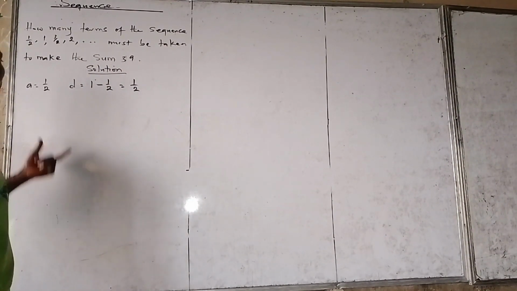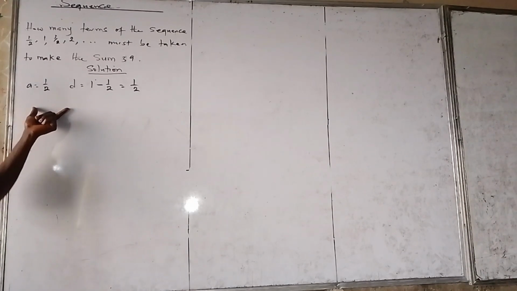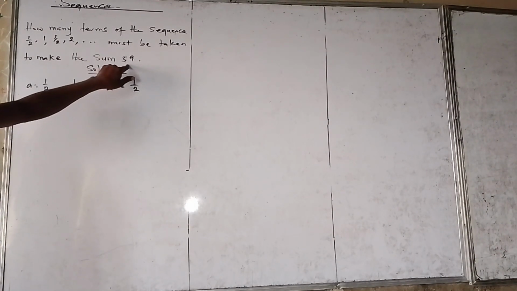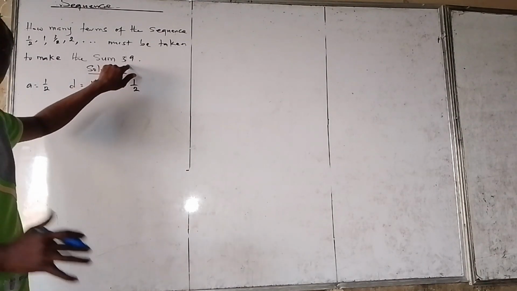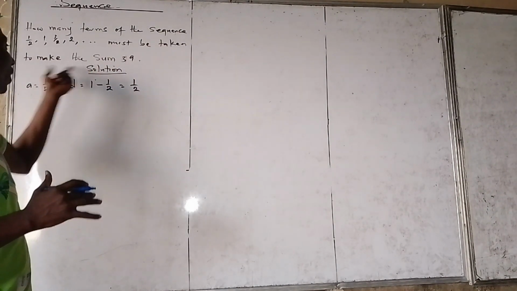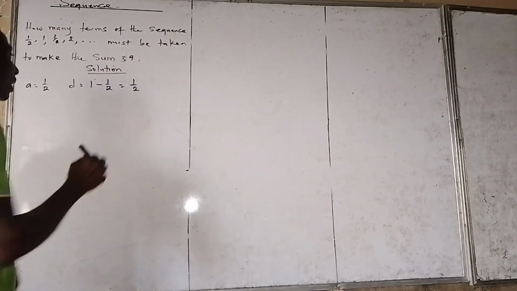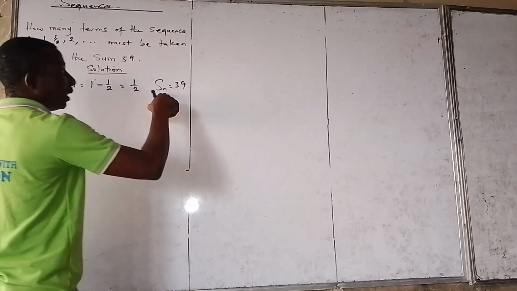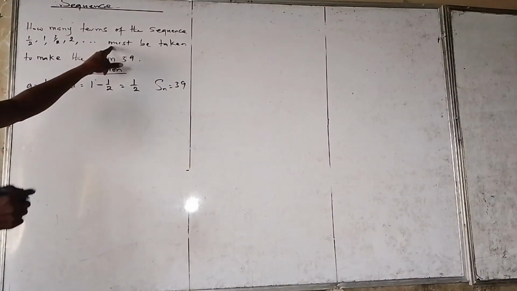Okay, so now we can look for the formula for finding the sum of the first n terms of an arithmetic progression. Because we have the sum, that means Sn will be 39. We don't know the n, and that is what we want to get here.